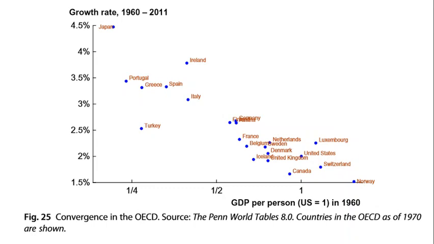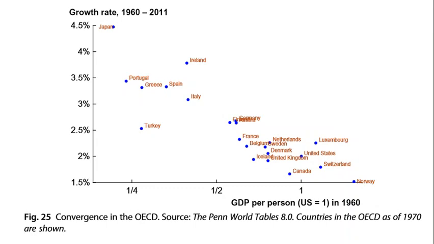Whereas Norway was very rich relative to the United States and had the worst growth rate in the group. So within the OECD, we have this opposite scenario where the poorer you were, the bigger your growth was.